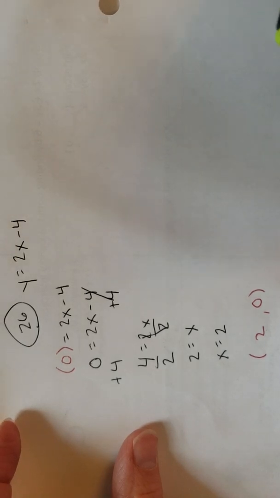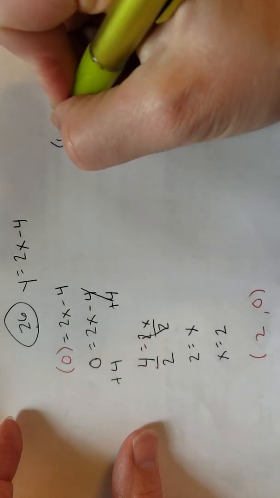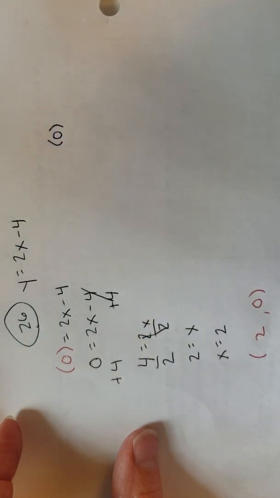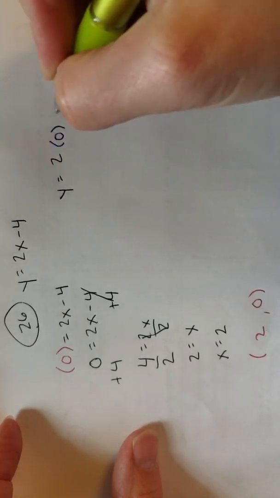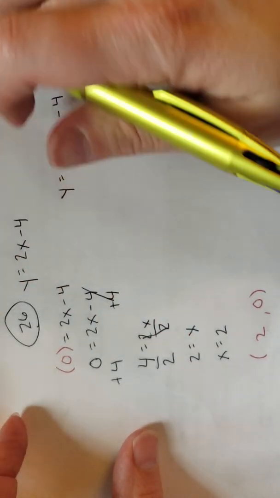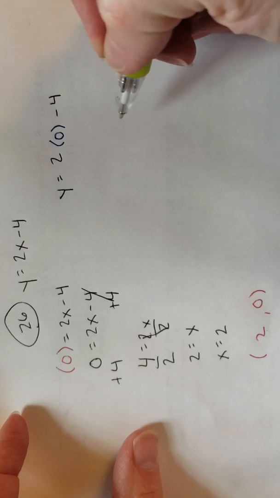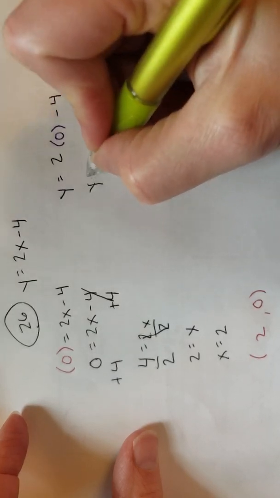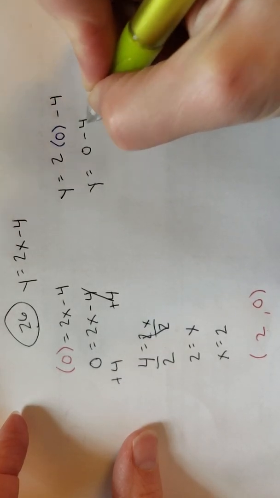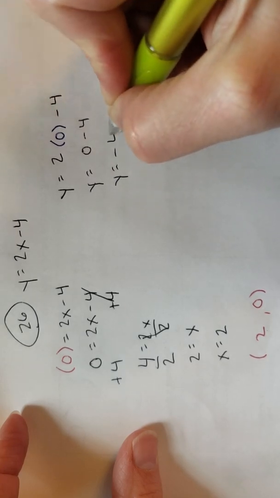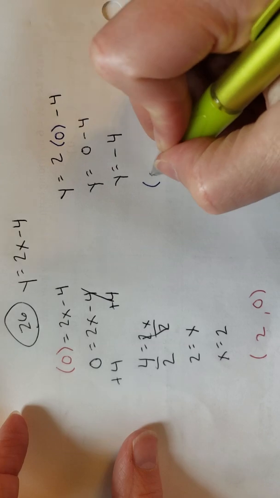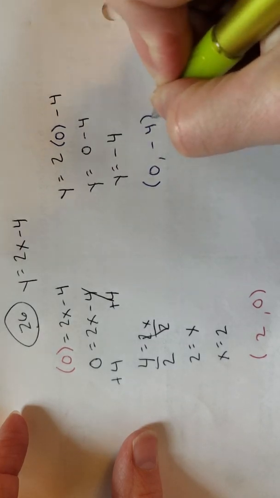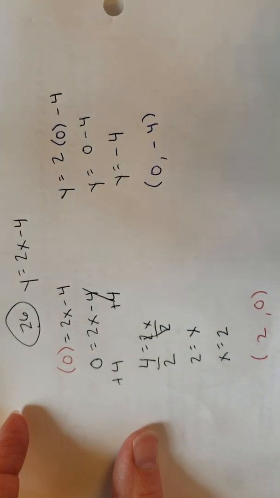Let's do it again. This time we're going to put 0 in for x to find our y-intercept. So instead of the x, I put in 0. y equals 2 zeros is nothing. 0 minus 4 is negative 4. So that shows when I put 0 in for x, I got negative 4 out for y.